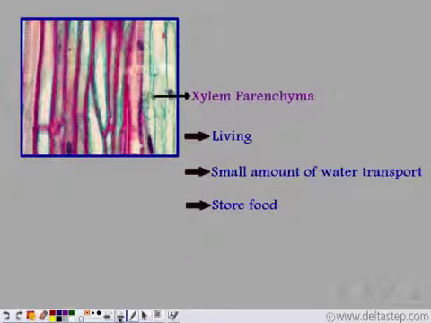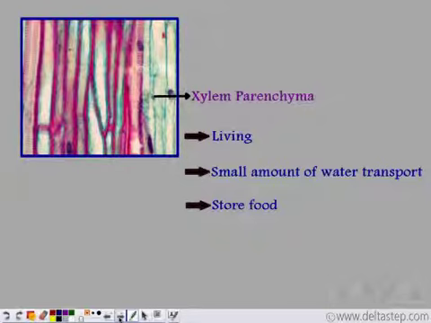So, you've studied earlier that the cell membrane is selectively permeable. It selectively allows water molecules to pass through. So, the xylem parenchyma allows a small amount of water transport.